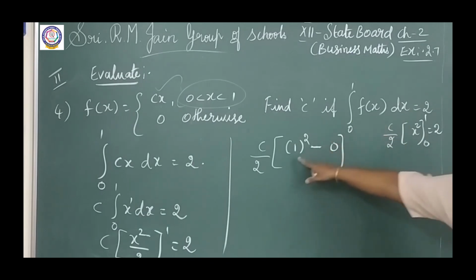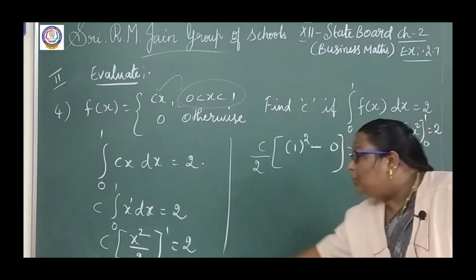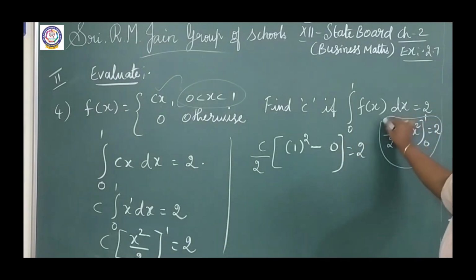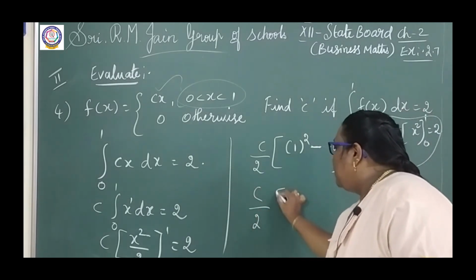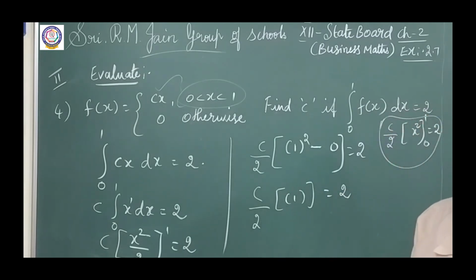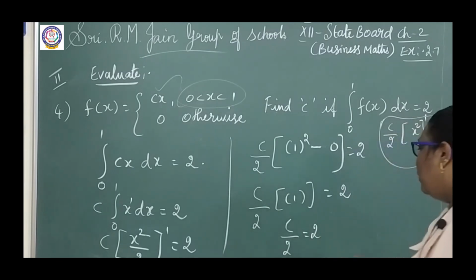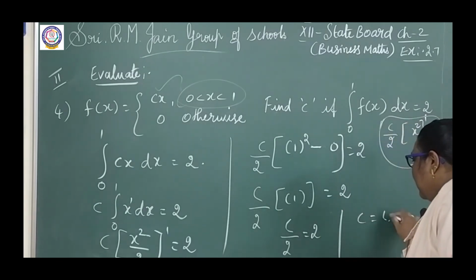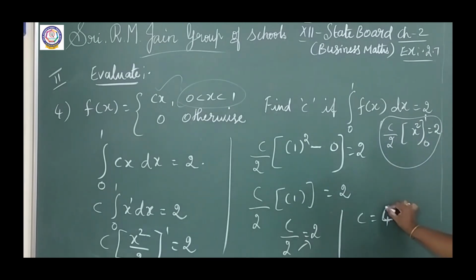Upper limit 1 square minus lower limit 0 equals 2, because equal to 2 is given in the question itself. So, c by 2 into 1 equals 2. So, c by 2 equals 2. What is the value of c? c equals 2 into 2. c equals 4.